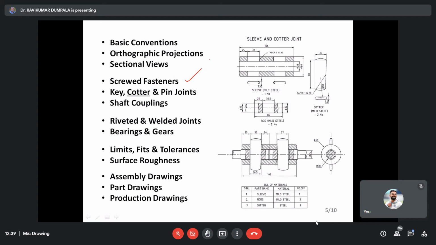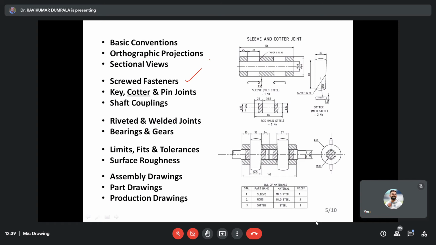Fortunately nowadays you have the computer, where in AutoCAD and all those things you already have inbuilt libraries where you can pick these fasteners. But it is important for you to draw these things on the drawing sheet to understand those features, how they're different from each other. You may think that we're never going to draw these things, but don't think like that, because it is very, very important to draw these things.